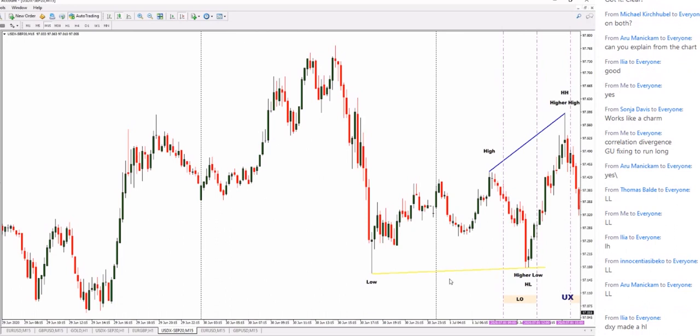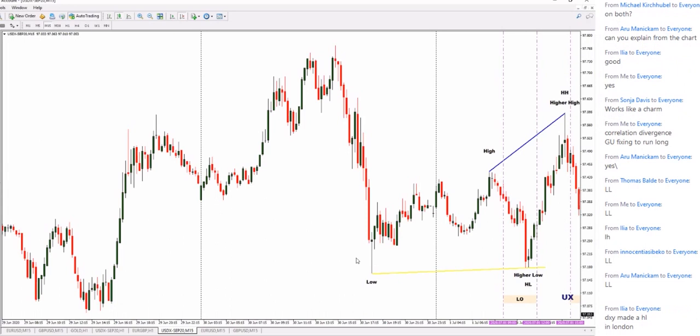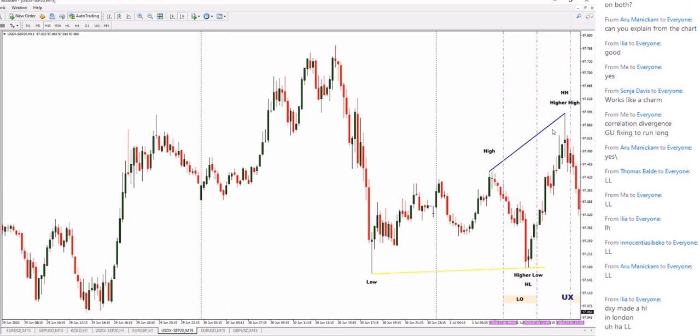Okay, yes, we're not looking at this anymore. We're looking at this here. From this point to this point, DXY made a higher high. So this is no longer valid. I'm looking from here to here, high to higher high. So if DXY makes a higher high, what do I want to see happen? Okay, there you go. So now I need to see a lower low in EU and GU, right?